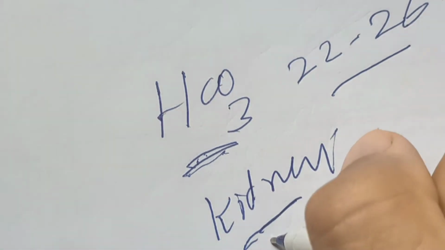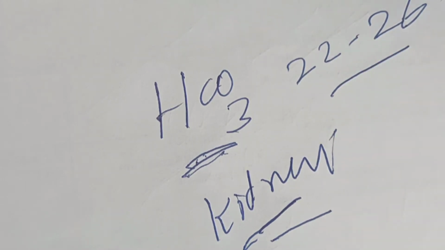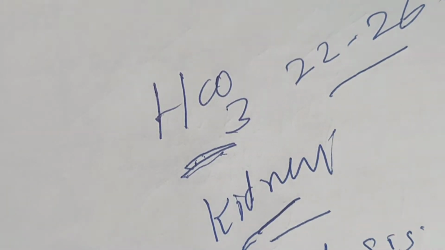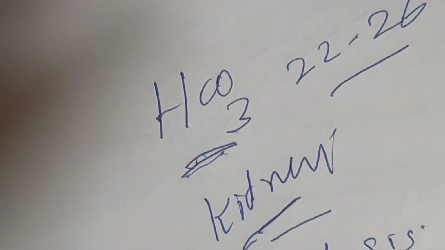If you want to interpret the ABG, first we need to answer 3 questions. First, is the patient having acidosis or alkalosis? Number 2, is it respiratory or metabolic?